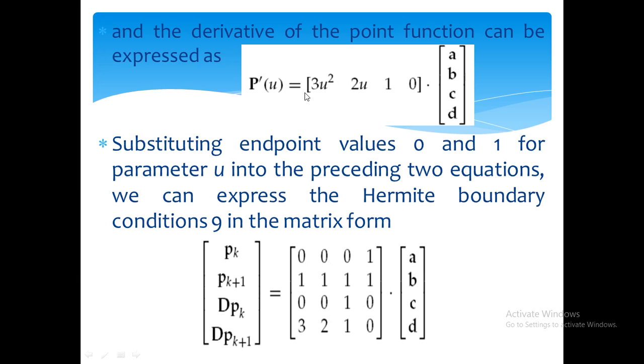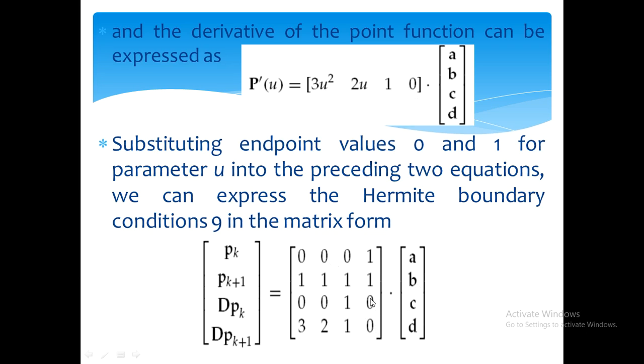Then in the derivative, substituting 0 gives 0 0 1 0. For pk plus 1, with u as 1 at the other end, we get 3 times 1 square, 2 times 1, 1 times 1, that is 3 2 1 0.